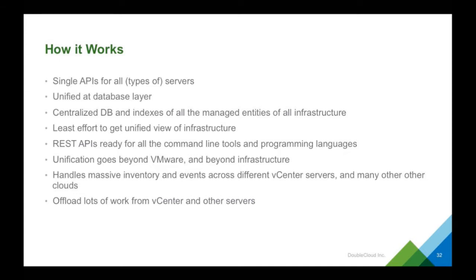We do the index, and this is probably the least effort to get everything about your infrastructure unified. This approach also has the advantage that if you go beyond VMware, to AWS or other clouds, it's a similar thing. You just need an additional adapter for that.